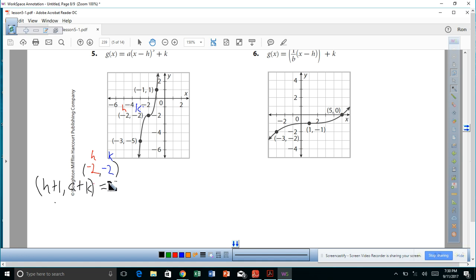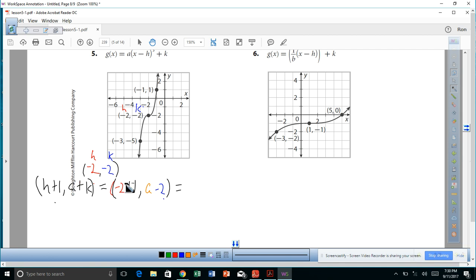Okay, so that's going to be -2 plus 1, and a, well, we don't really know what a is just yet, okay? So we'll say a plus, and then k is -2, so we'll just make that -2.